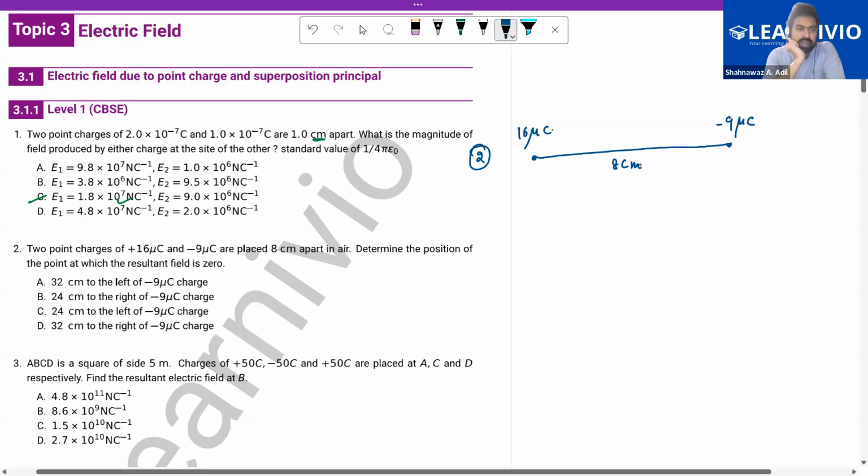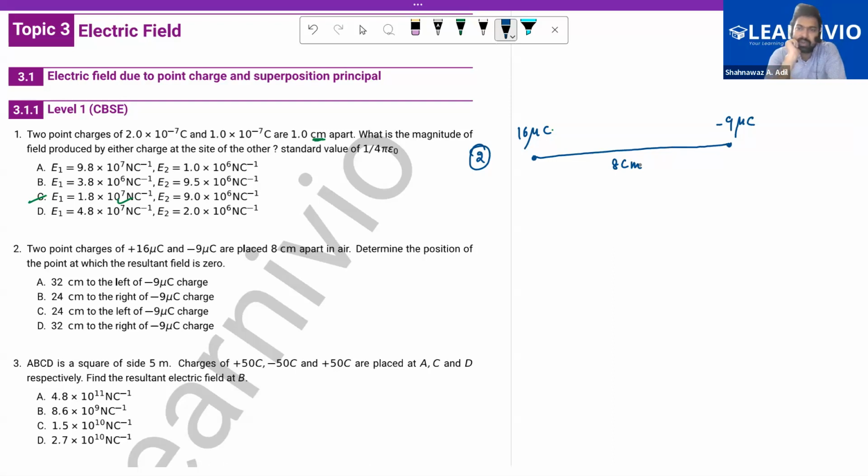We have to find out the position of the point at which the electric field is 0.